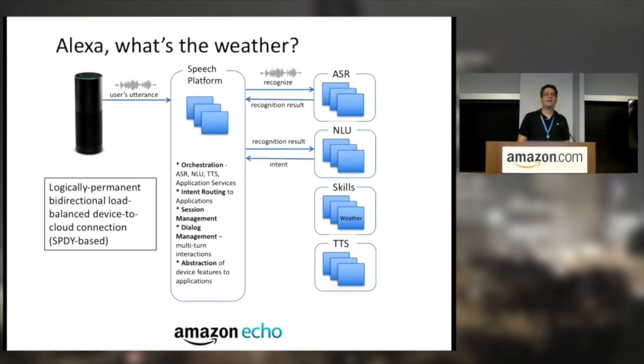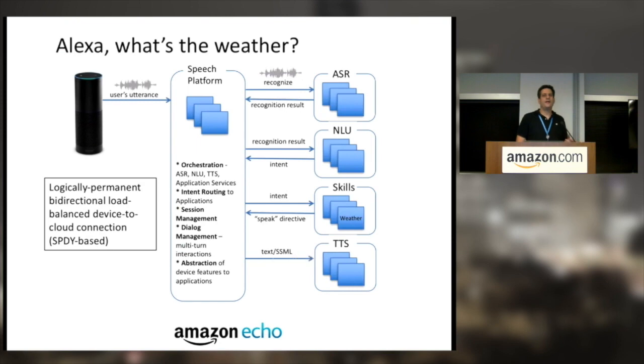Then the NLU will return an intent, and the speech platform will send it to the relevant skill or application. There are many, many skills and applications, and each one knows how to handle a specific type of intent. In this case, it will send it to the weather forecast application, and that will return a speak directive that contains text that explains what the weather is today.